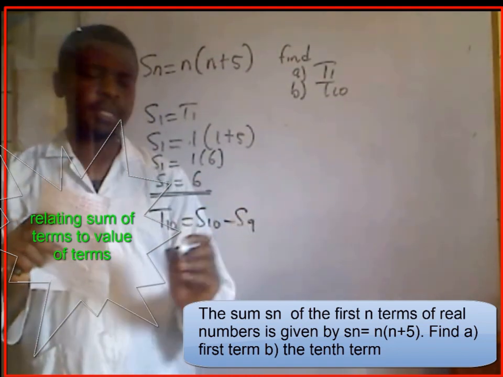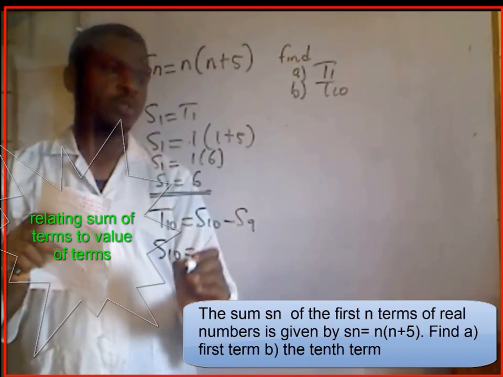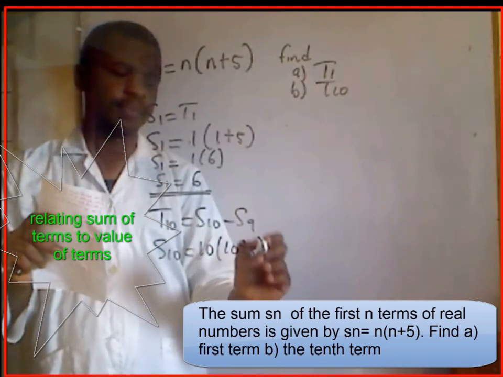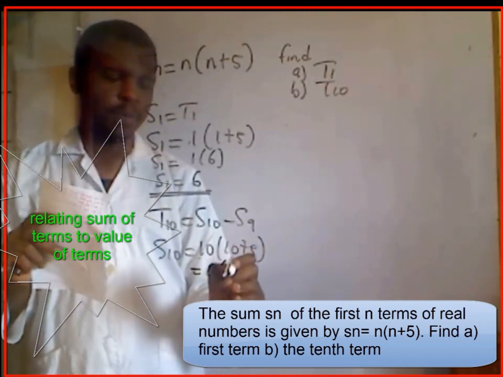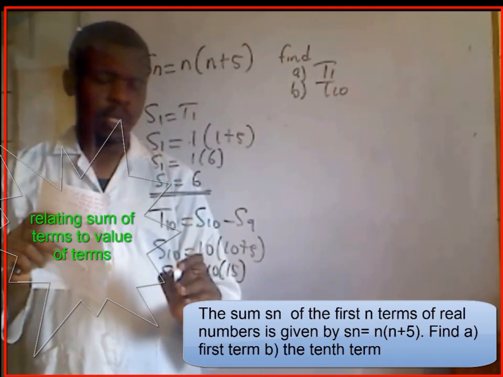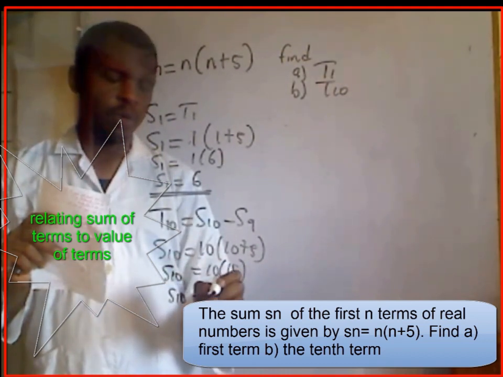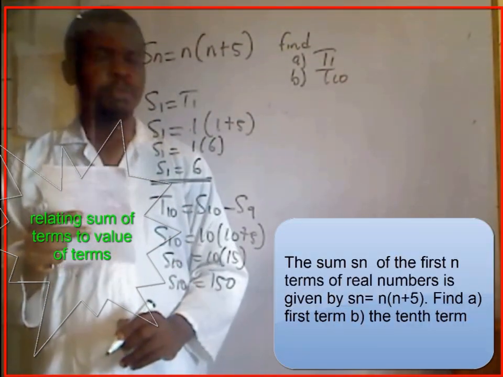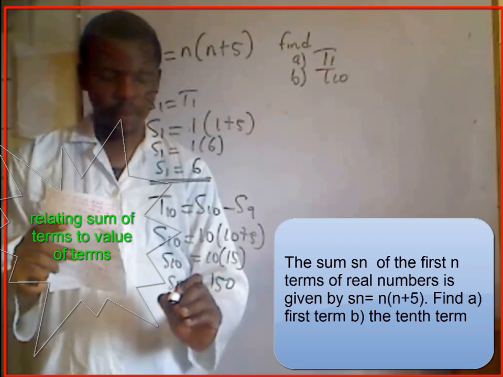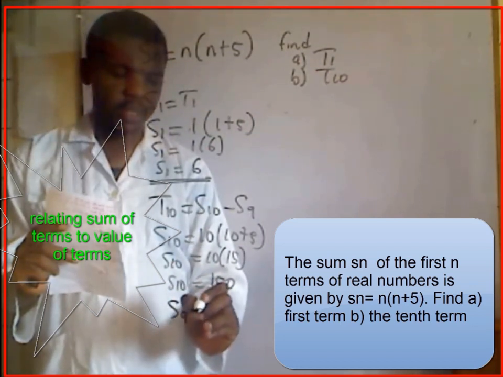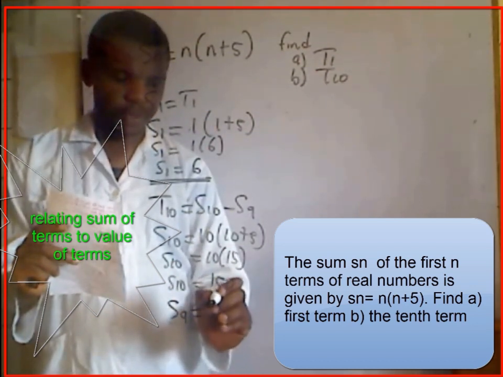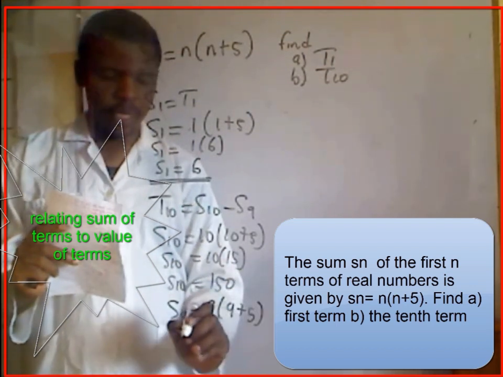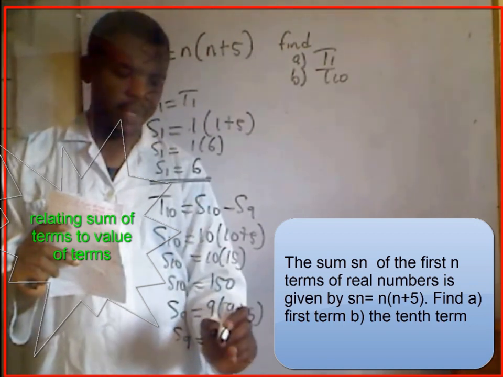What is S10? S10 will be equal to 10 times (10 plus 5). This is 10 times 15. S10 is equal to 150. Now let me get S9. Solve the first 9 terms. That will be S9 is equal to 9 times (9 plus 5). S9 is equal to 9 times 14.